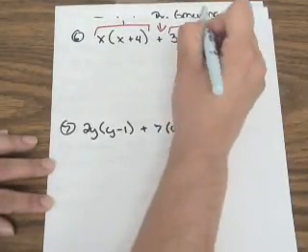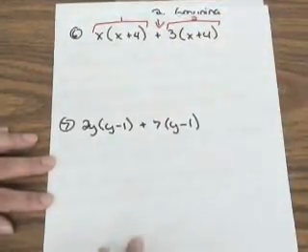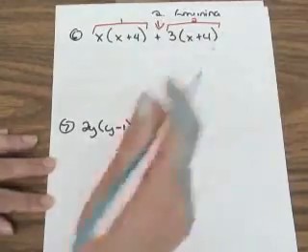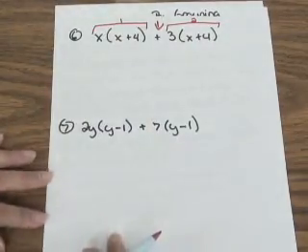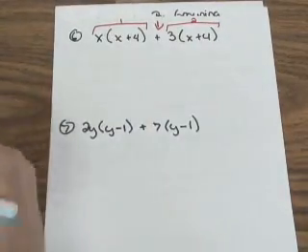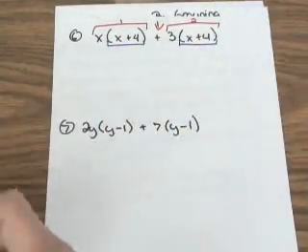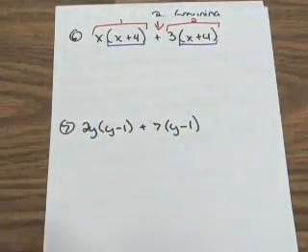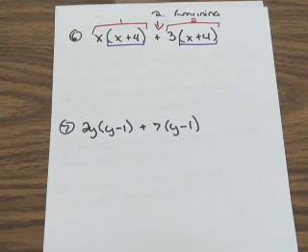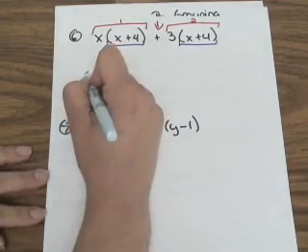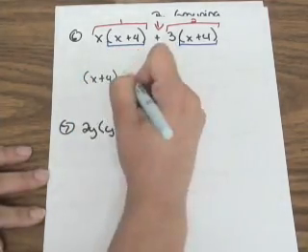So since they both have the common factor of x plus 4, the same way before we were taking out the GCF, we're going to do this. If they both have the common factor of x plus 4, what's going to go inside the parentheses after we divide? Because again, just like before, you divide by the GCF. If I divide this term by x plus 4 and this term by x plus 4, what happens?